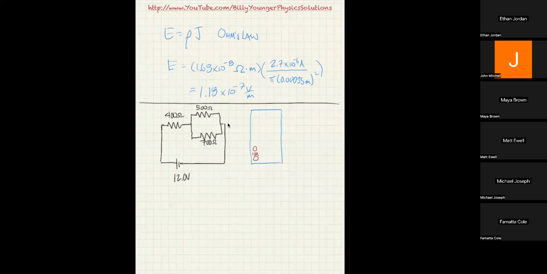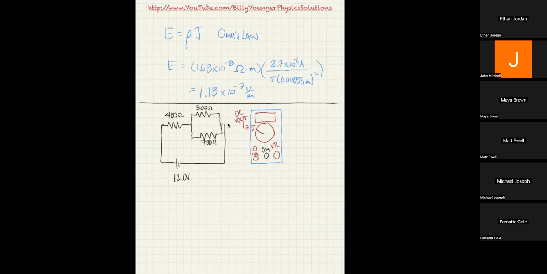Then there's a common, and then there's another circle that's V omega. Obviously you have a dial and a screen. If you imagine putting this on V with the dot with a line over it, then we know that we're set up on DC volts. If it was V with a sine wave over it, then it wouldn't be.